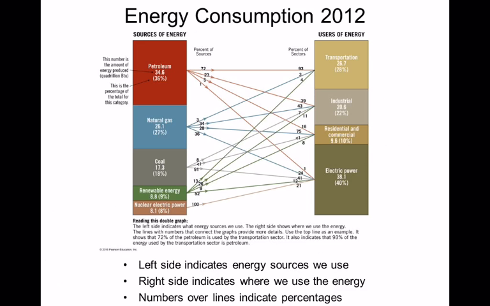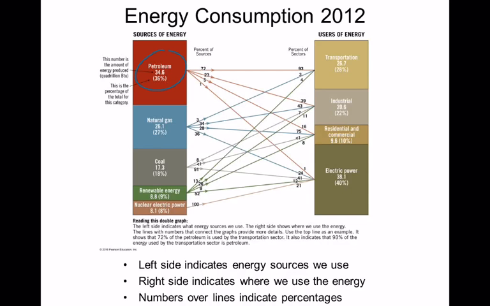I like this figure. On the left, these are energy sources, and on the right, these are things that use the energy. It's quite clever. For instance, if we pick on petroleum up here, this is 2012.